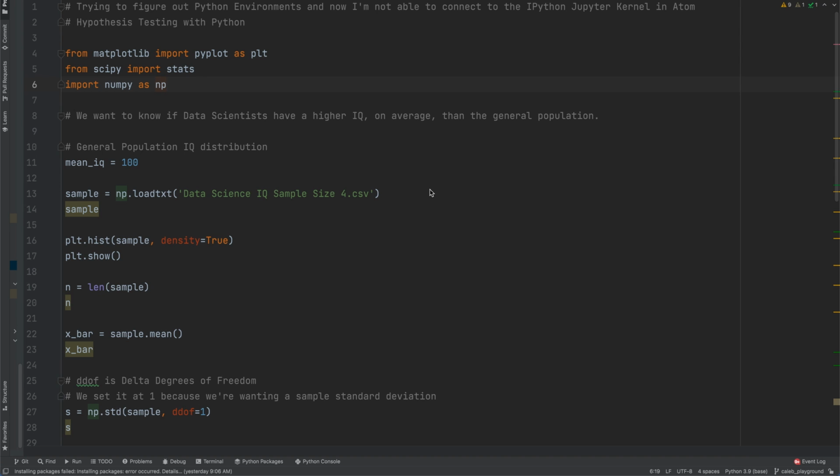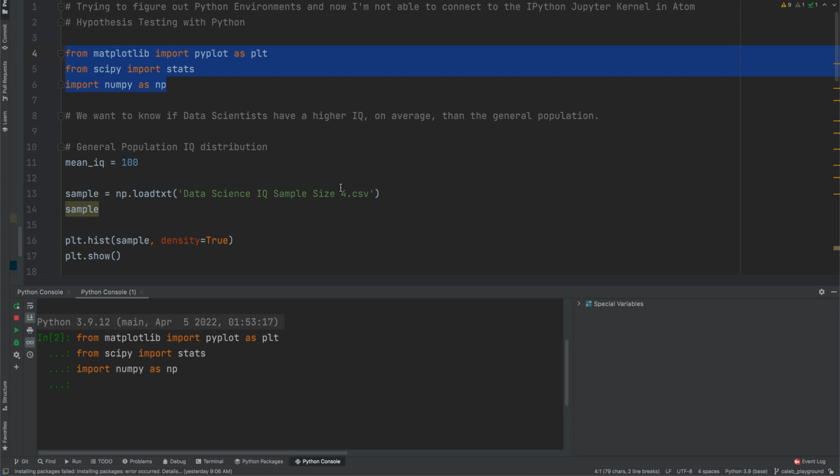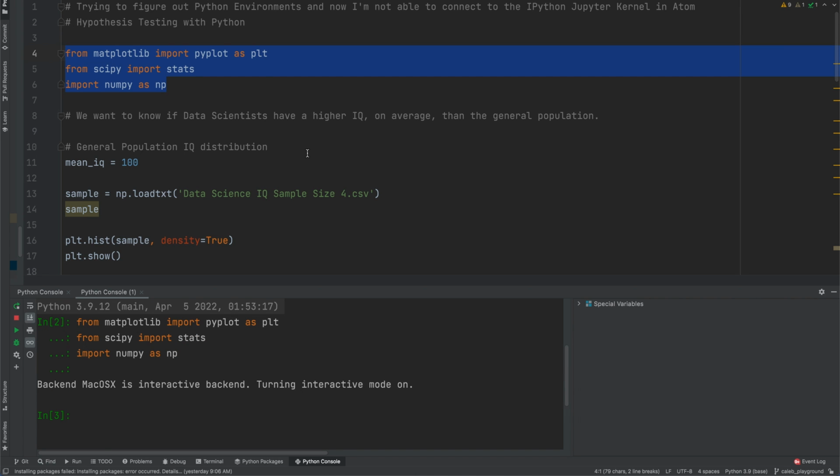With this example, I'm going to use matplotlib for plotting purposes, scipy for statistical purposes, and numpy for some of those statistical purposes, and just what it can do. In this example, we want to know if data scientists have a higher IQ than the general population.